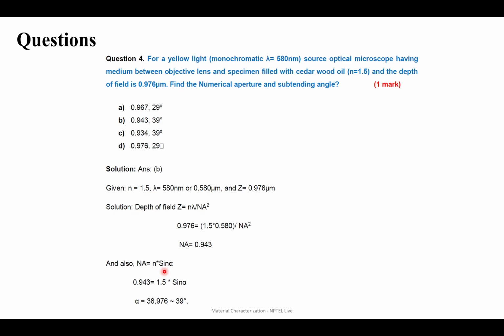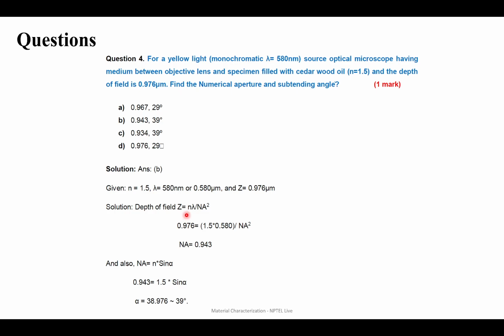That is correct. The answer would be B. So you are given n equals 1.5, lambda equals 550 nanometer, or 0.55 microns, and depth of field equals 0.976 microns.